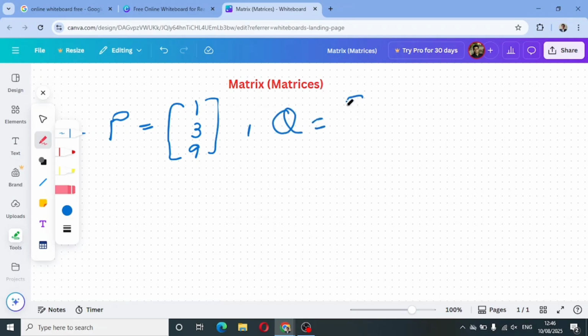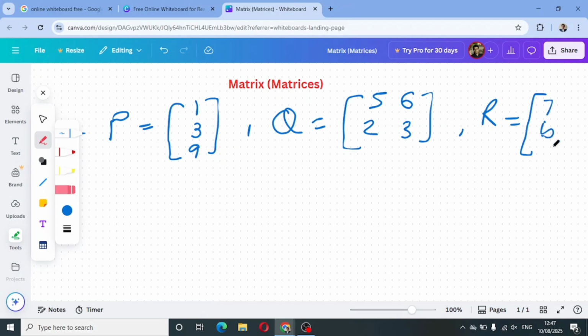Q is equal to 5, 6, 2, 3. R is equal to 7, B, J. So these are the 3 examples. Please pause this video and write down the order of these 3 matrices.